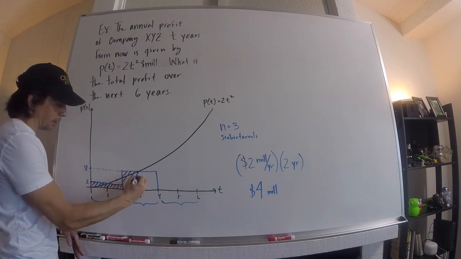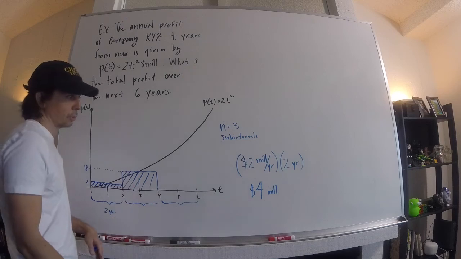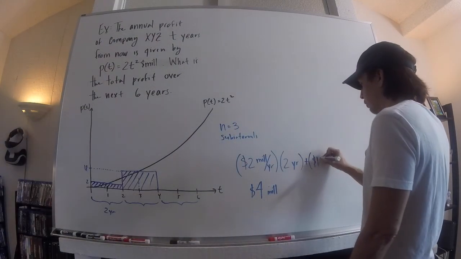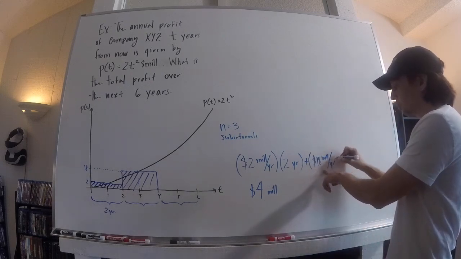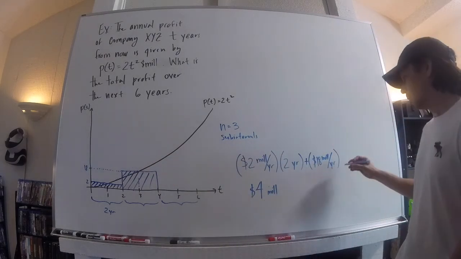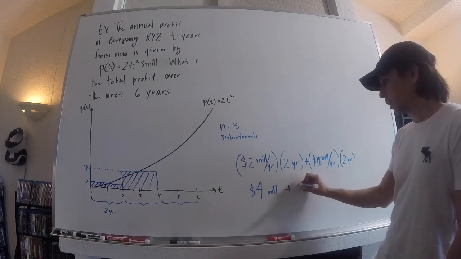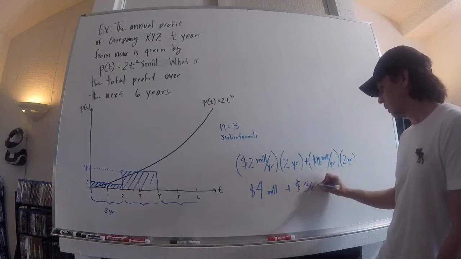And how much are they making there? Well, they're making 18 million and another 18 million over 2 years. So 18 million per year is our estimate, our representative value. It's not continuous, it's not a flat 18, but we're treating it as if it is to get an estimate. Times 2 years. And so over that span of time, we're going to estimate that they made $36 million.